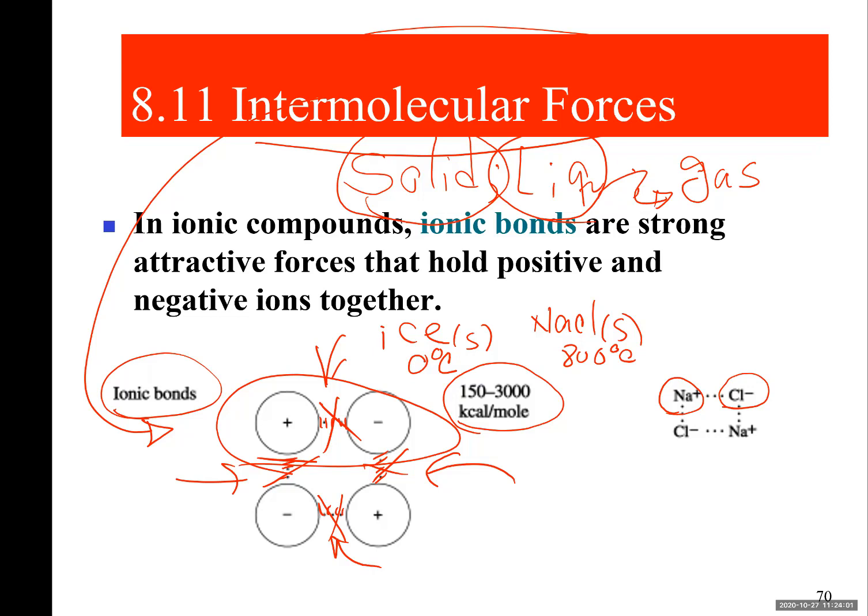So this is one type of intermolecular forces, which is called ion-ion bond or ionic bond, and this is a very strong force. Energy 150, depending on the ionic compound we are talking about, 150 to 3,000 kilocalorie for 1 mole of solid.